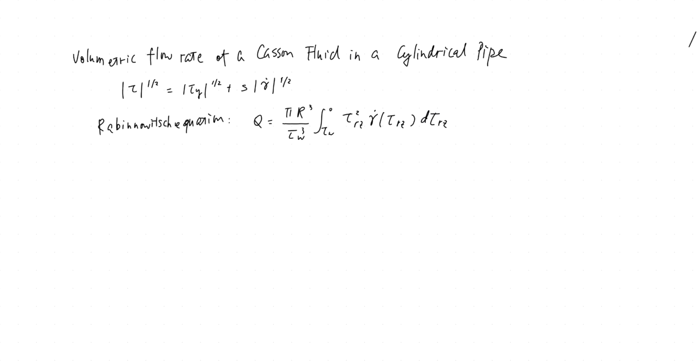First of all, we recognize that for the Casson fluid, unless tau is larger than tau y, the yield shear stress, you wouldn't see a flow. So this is the condition for a flow.